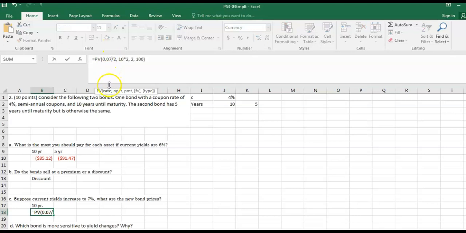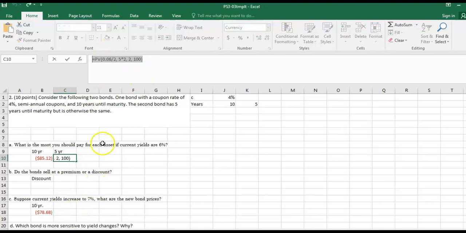If you're doing this on your financial calculator, you can leave the keys alone and just change that one key, that rate, and put in the 3.5% here, and recalculate the present value, and it'll redo that calculation for you. So here we get a bond price of $78.68.